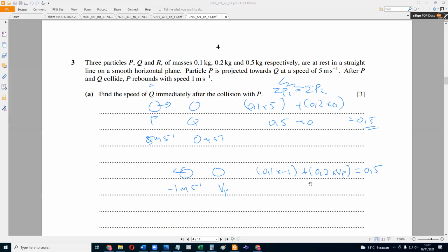Okay, so let's calculate this. Negative 0.1 plus 0.2 VQ is 0.5. If we put them on the other side, 0.2 VQ is 0.6 and VQ is 3. So the speed of Q is 3 meters per second.